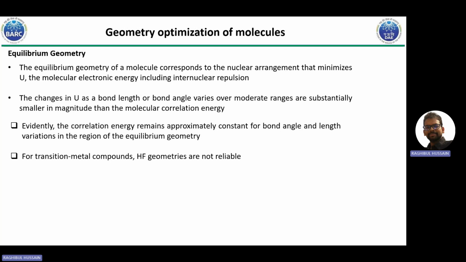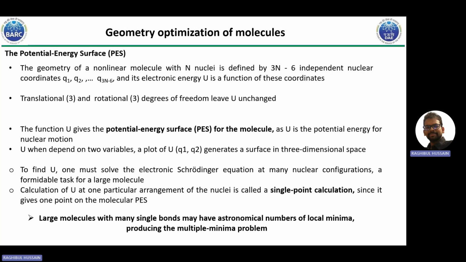Okay, so I have already spoken about this. Now the potential energy surface. What do you mean by potential energy surface? Potential energy is a function of position only. There is no contribution of the kinetic energy. Am I correct or not? Potential energy should be only a function of position. But suppose I am a molecule, let us say CH3OH.